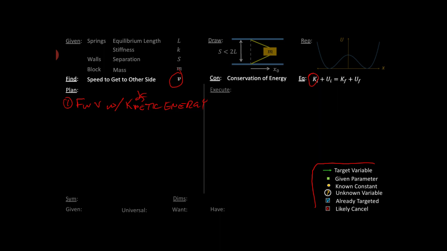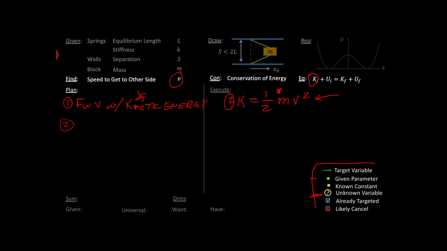So that is going to be K, which we do not know. It's one of these guys, equal to 1/2 mv squared, the definition of kinetic energy. The m I know, so that gets the little box, and the v squared is what I'm looking for. Very nice. So that's where we start.